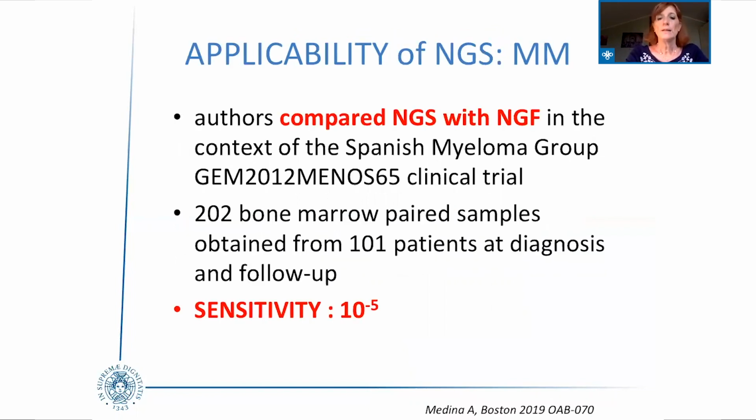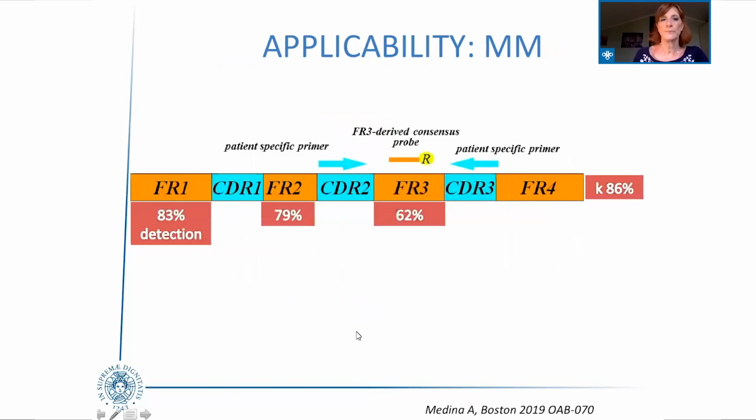At the last international meeting on multiple myeloma, this Spanish group compared NGS with NGF in more than 200 bone marrow paired samples, with a sensitivity of 10 to minus 5.